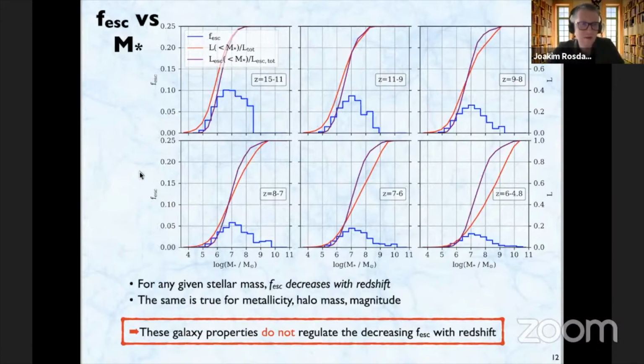So you can't say that it's just the evolution towards more massive galaxies which is regulating the escape fraction in this case. I'm not going to show it, but there's a very similar trend for metallicities. These also have the same shape, but decreasing magnitudes with time. So we can conclude from that that neither the evolution towards more massive galaxies nor higher metallicities is dominating the regulation of escape fractions decreasing with time.